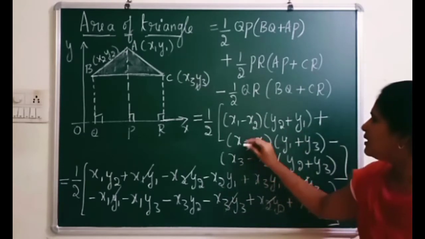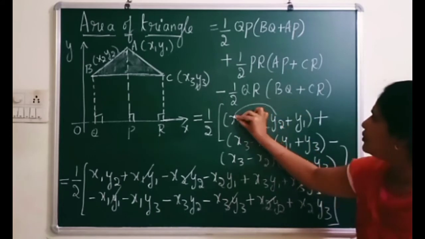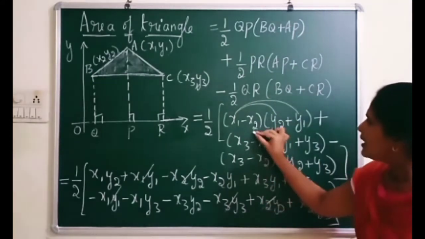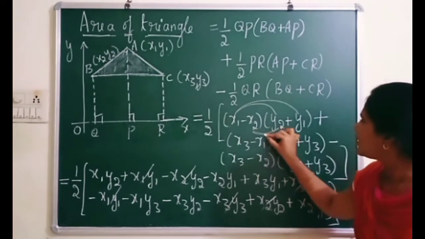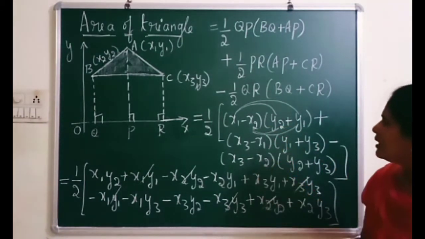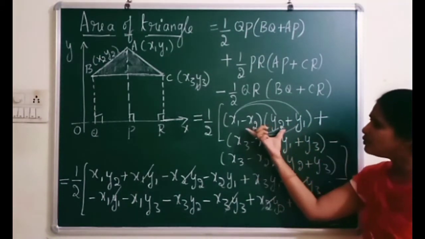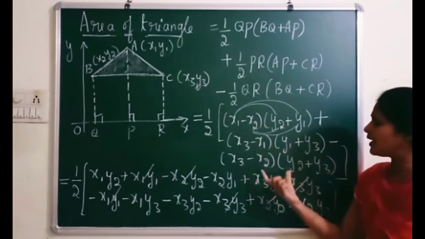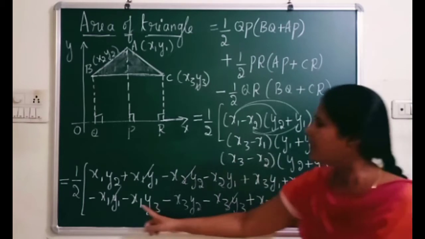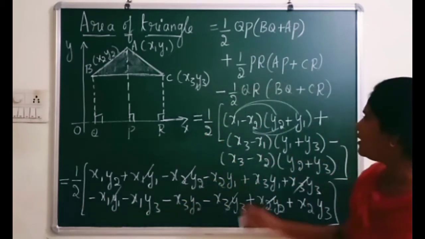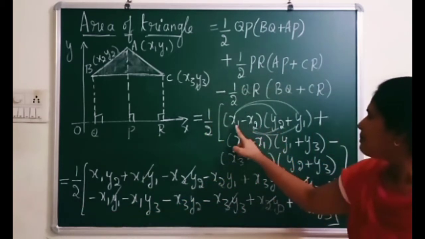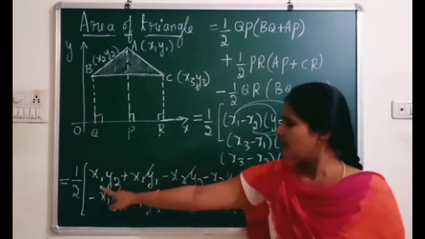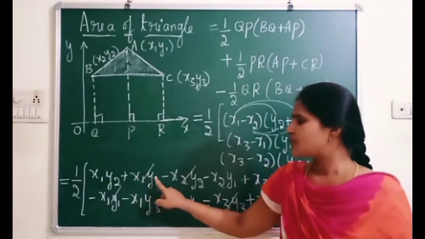So here you can see I multiplied x1 with y2 and x1 with y1. Then x2 with y2 and x2 with y1. You can see in each term you have two binomials, here two binomials and here two binomials. So write half outside and multiply: x1 y2 plus x1 y1.